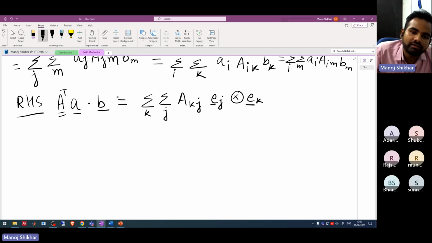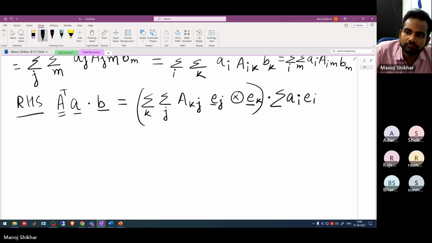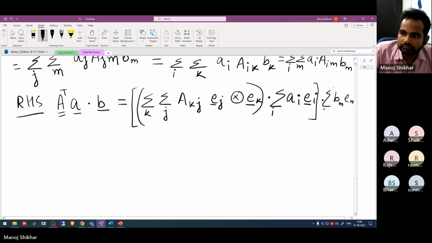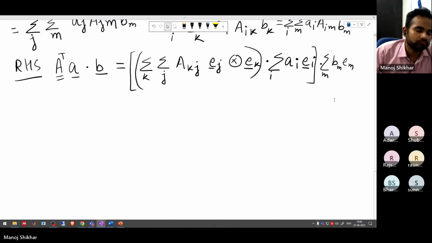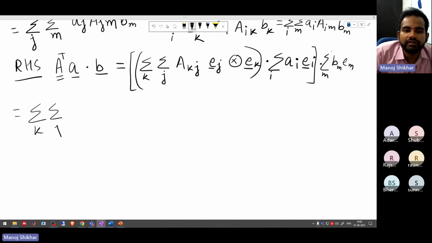So this is how you write a transpose of a matrix or a second order tensor. I will write directly now because I've already written once.